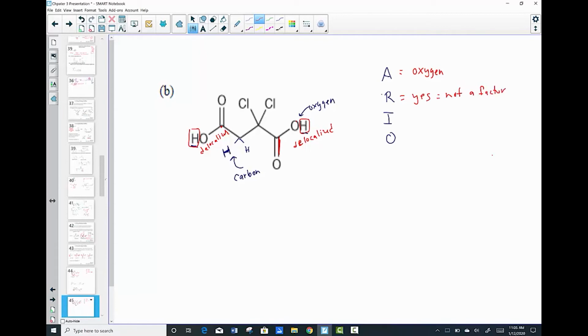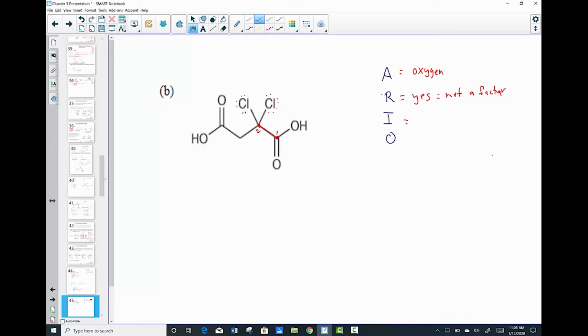So that leaves us to I. The only next letter I is going to have to make our decision, the inductive effect. Which one is closer? Which oxygen is actually closer to the highly electronegative chlorines that would help to stabilize the next door electric charge? Well, here I can see that there's the carbonyl carbon, and then directly here, so that's 2 carbons away, are the chlorines.